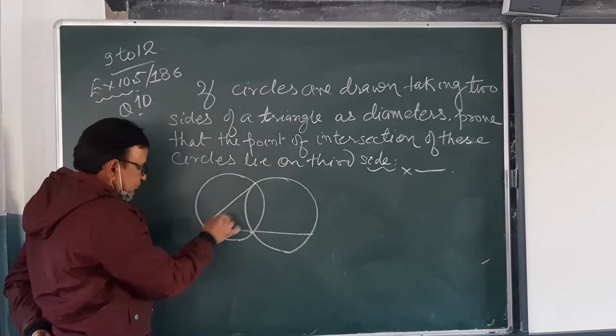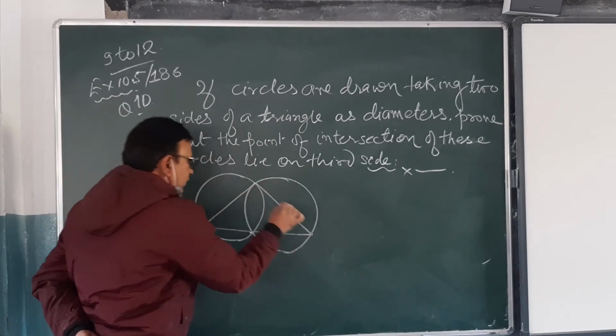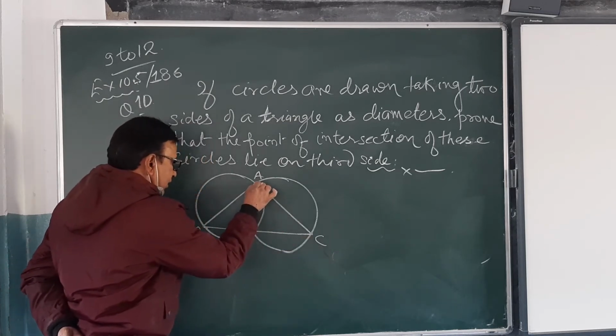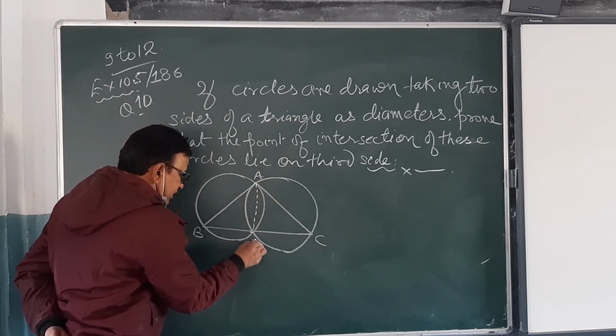Join it. Now you can label it A, B, C, and this is D.